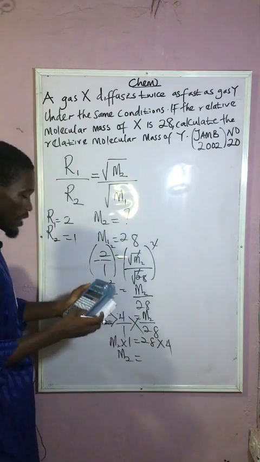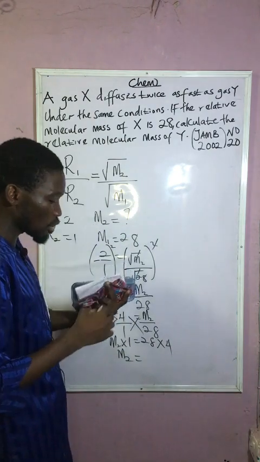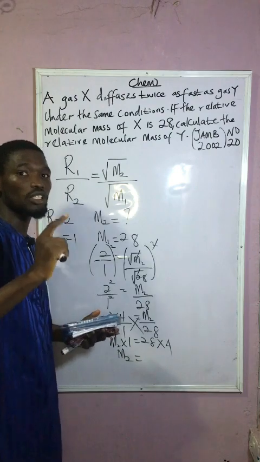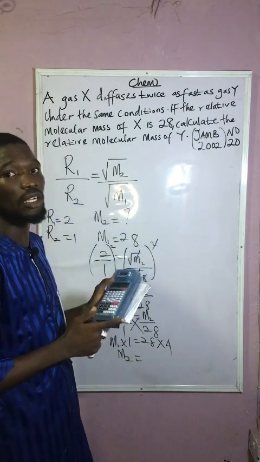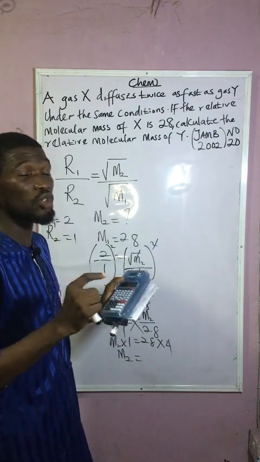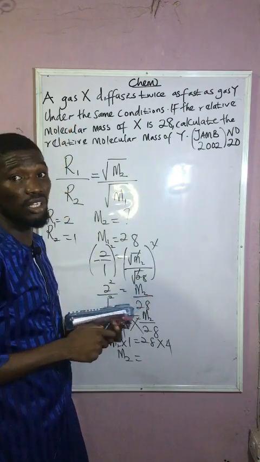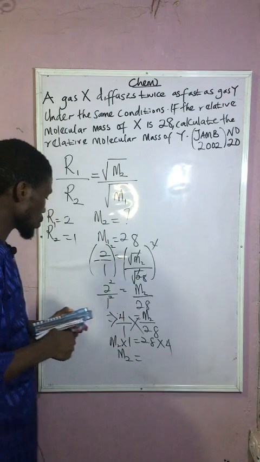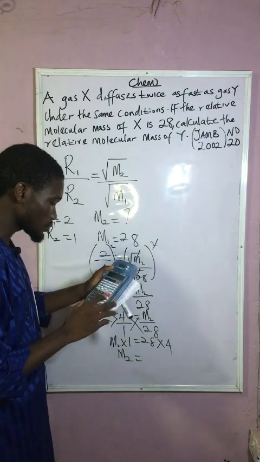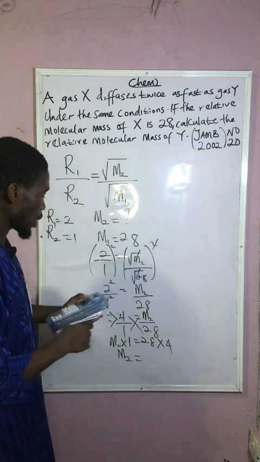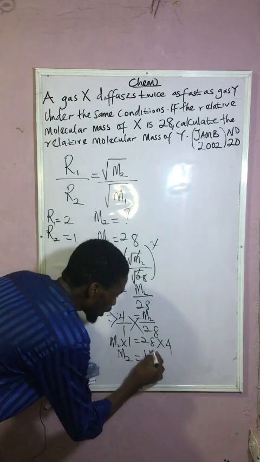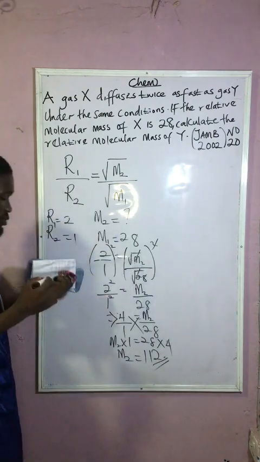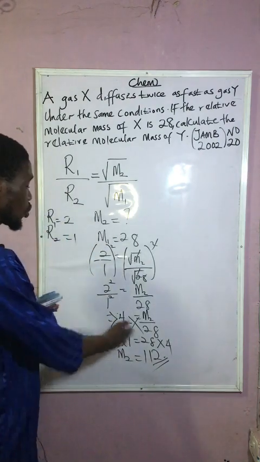So here is my calculator, and as I've said in some videos since this week, Jamb will not provide you with a scientific calculator; rather, you use the on-screen calculator. So you need to know how you are going to manage your time. We have 28 multiplied by 4, which gives 112.